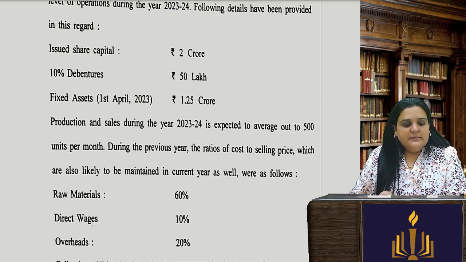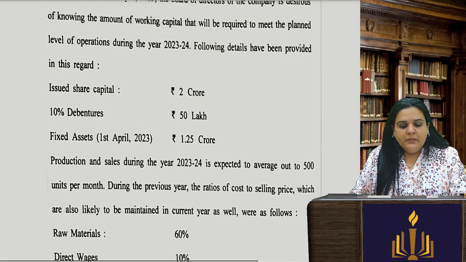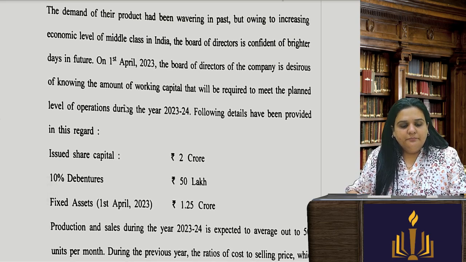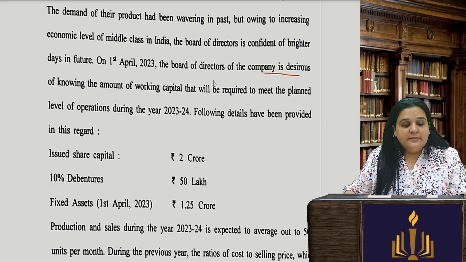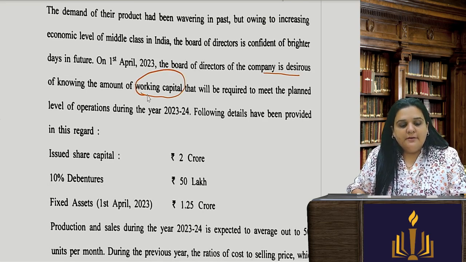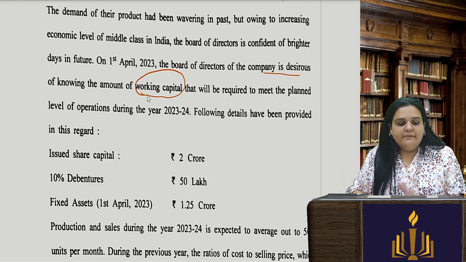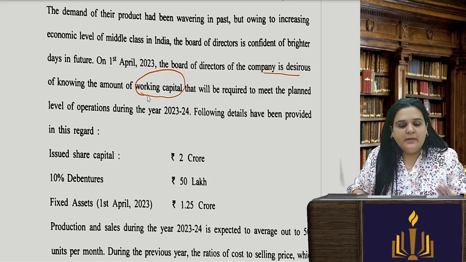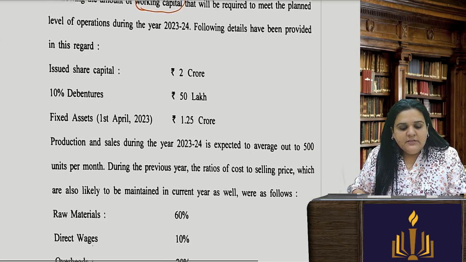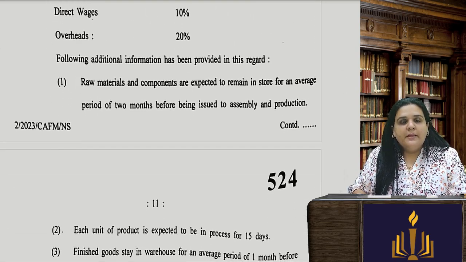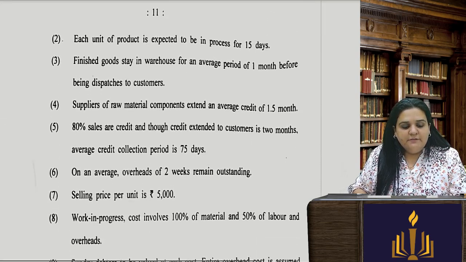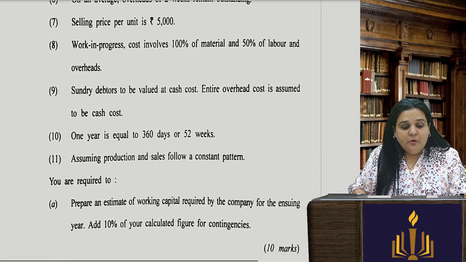But what are they asking from you? You are required, the board of directors of the company is desirous of knowing the amount of working capital that they will require to meet the planned level of operations for 23-24. So based on all this information, they are asking you to prepare the working capital statement. All the additional information is a part of the entire question.